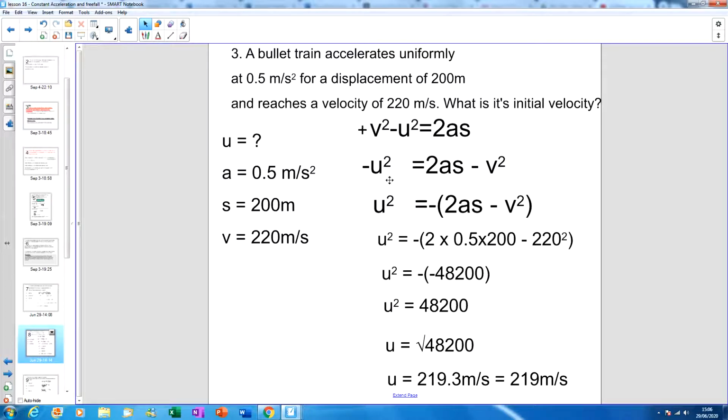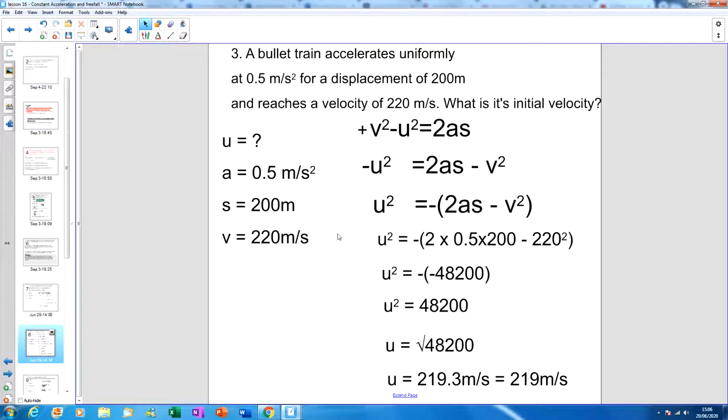So if you do that, the v squared disappears from the left hand side here and reappears on the other side as minus v squared. But you have to be careful, u squared is still minus u squared because this minus sign here hasn't been altered.